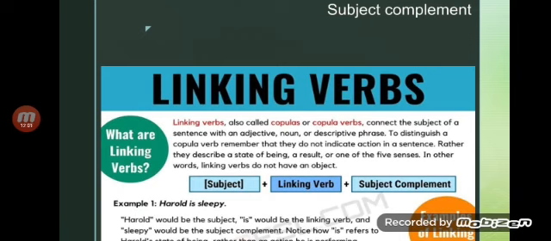In other words, linking verbs do not have an object, such as in 'I like to play football', where football would be the object, so they do not take that object.